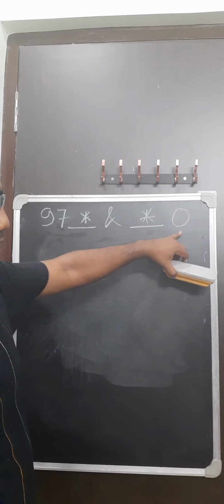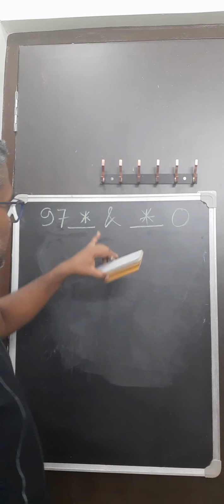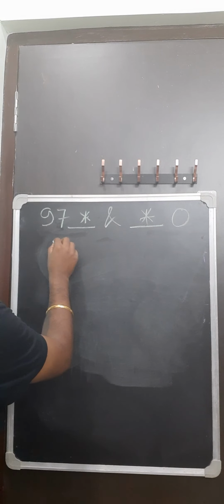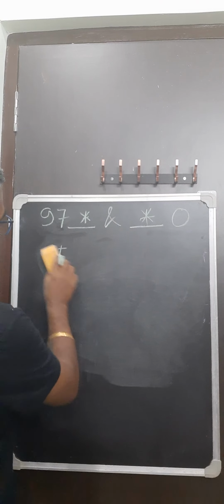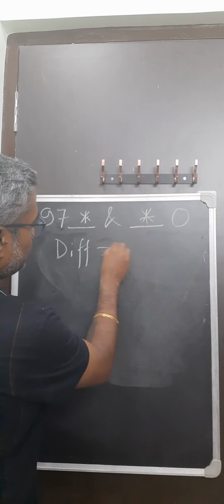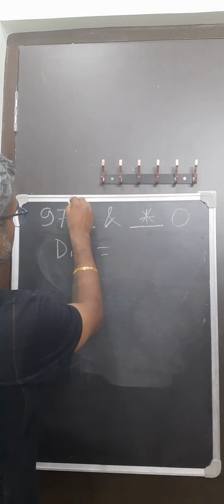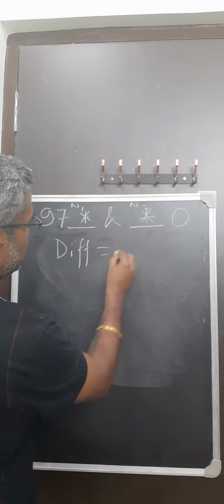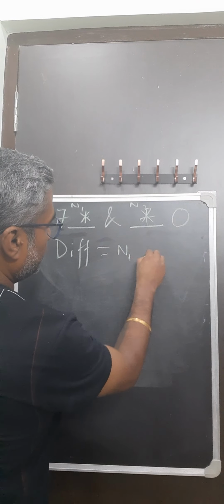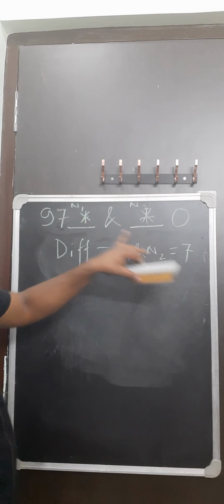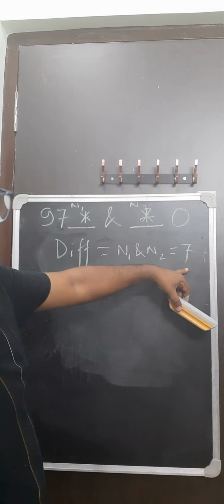The condition is that the difference between the missing digits, let's say number 1 and number 2, is 7.